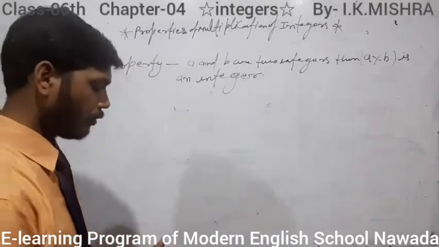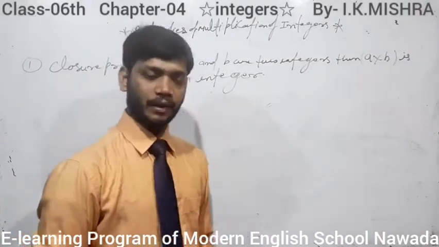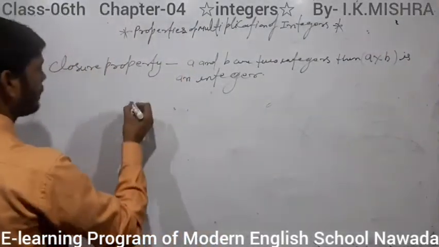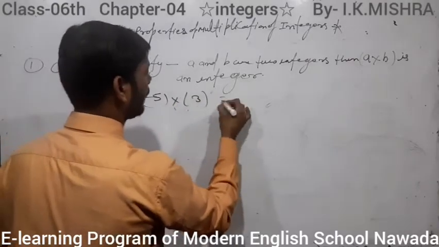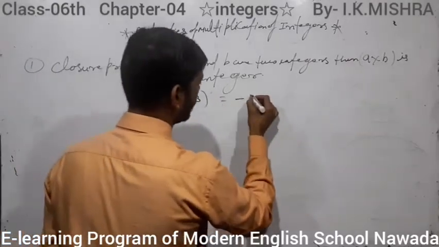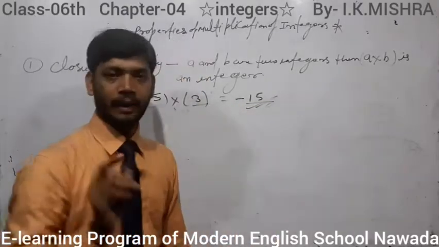Friends, when you multiply two integers, the result is always an integer. Suppose you have to multiply minus 5 into 3. Here the result is equal to minus 15. Friends, these are integers and the result is also an integer.